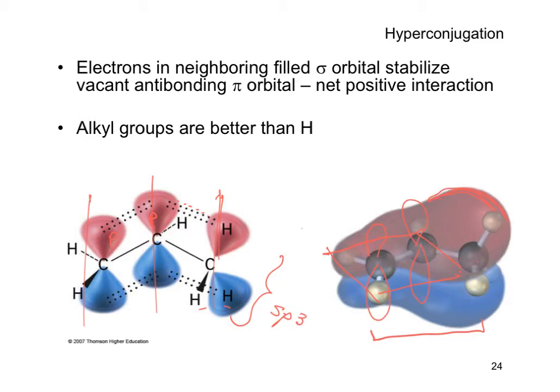And whenever you would have movement of electrons in these electron density maps, we can see the strengthening or the stabilization of those molecules. So having alkyl groups right next to the double bond ultimately leads to the stabilization of your antibonding pi orbital, and it's considered a positive interaction overall.